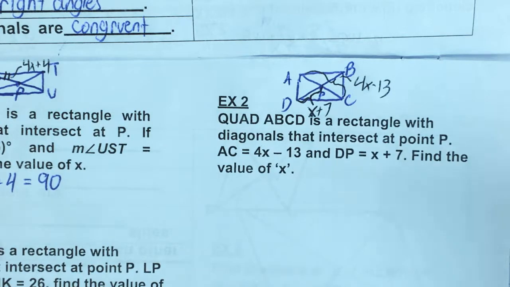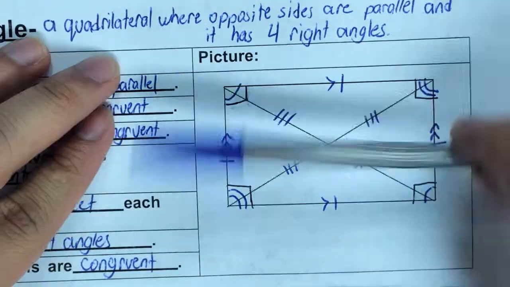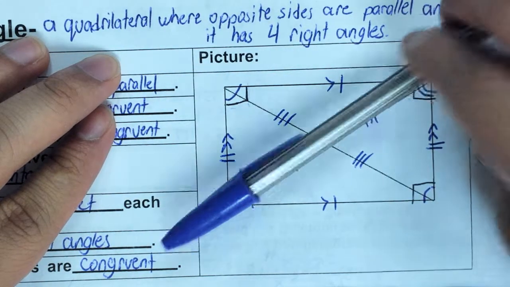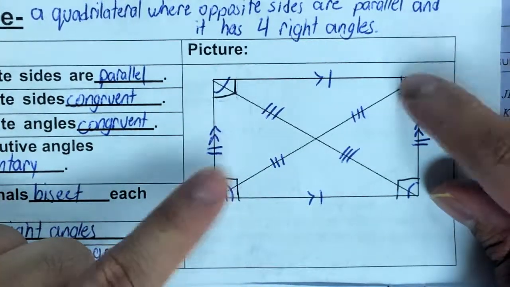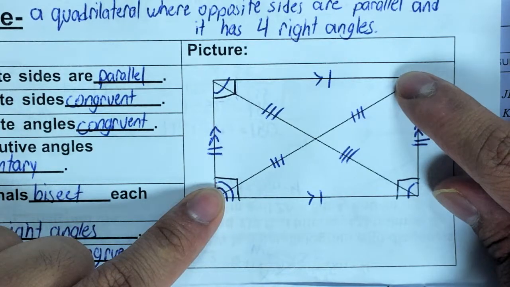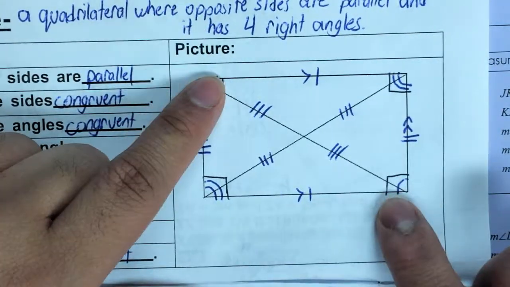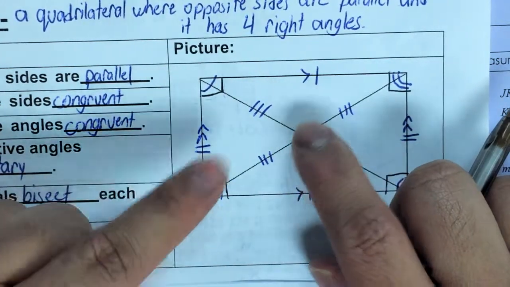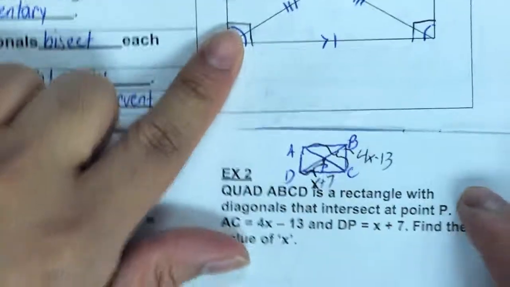So here we know that in a rectangle, this diagonal is the same as this diagonal. They give us this whole piece right here is 4x minus 13, which makes this piece also 4x minus 13. And then they gave us that this piece right here is x plus 7.